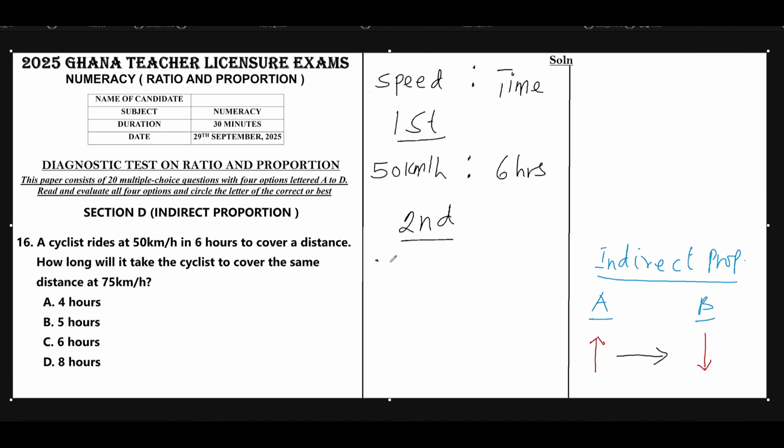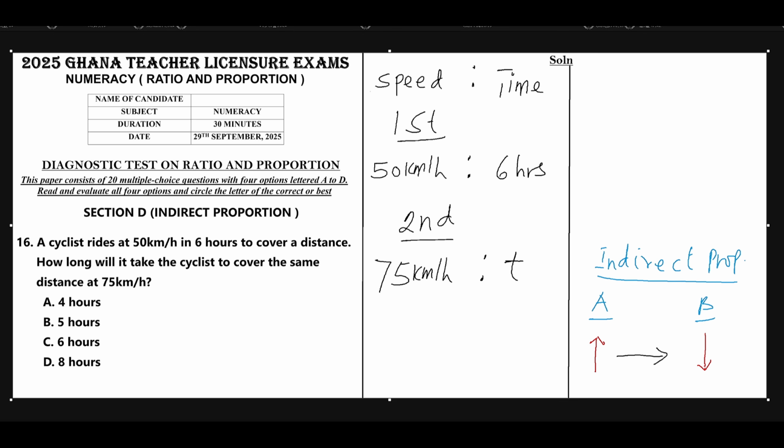So we have a speed of 75 kilometers per hour and we are looking for the time. So let's say T to represent the time. Always with these kinds of questions, you need to analyze the quantities before you start solving. We've been able to identify our quantities, speed and then time.